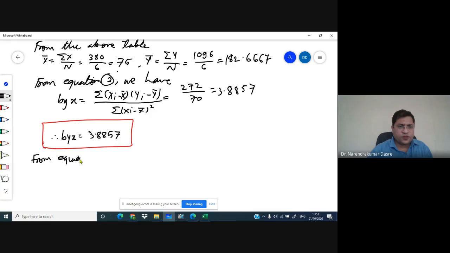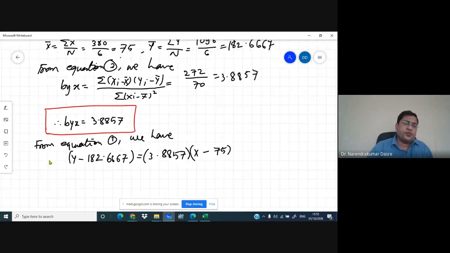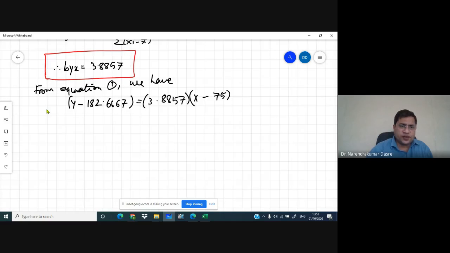So from equation 1, we have y minus y bar, so it is y minus 182.667 is equal to byx, 3.8857, times x minus x bar. So x bar is 75. Okay, now we have to simplify this.